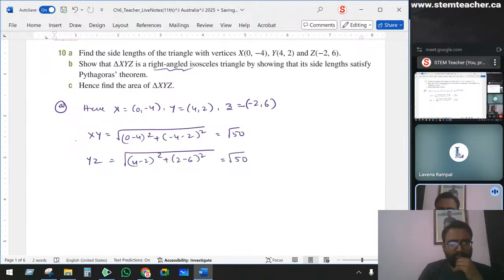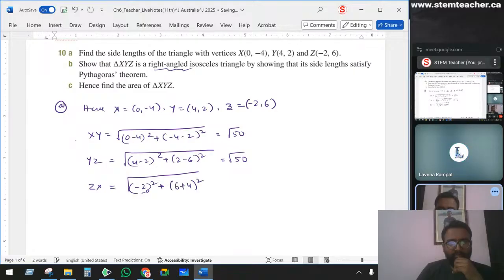And ZX is the square root of (-2 minus 0) whole square plus (6 minus of minus 4) whole square, which is 6 plus 4 whole square.